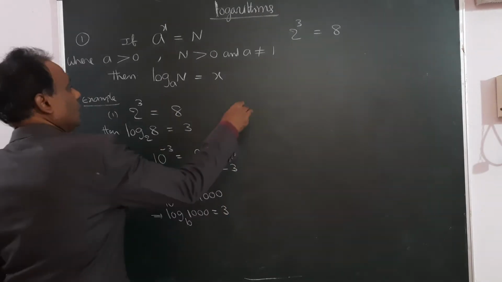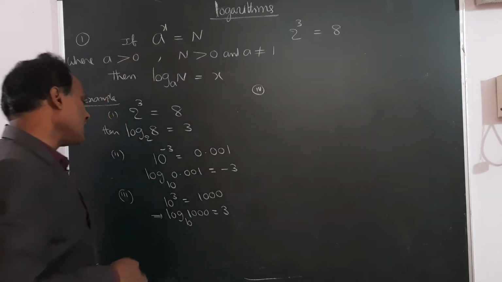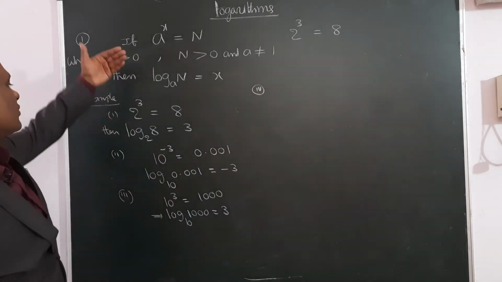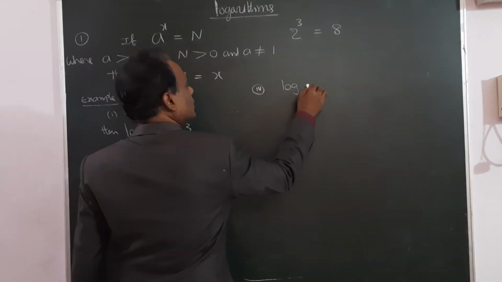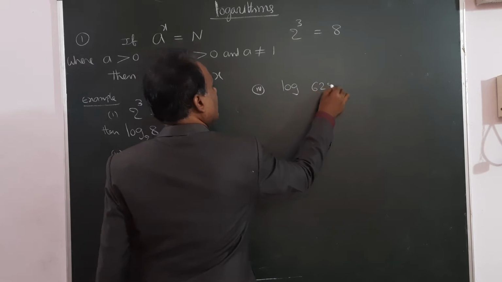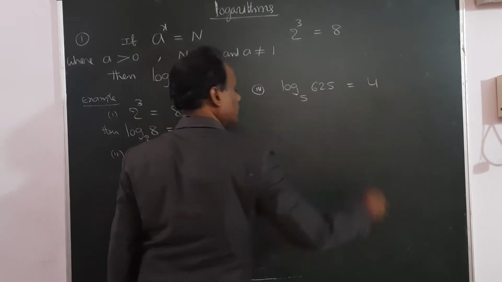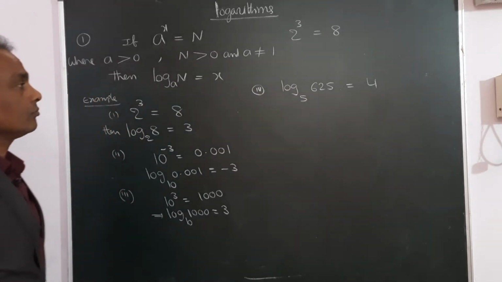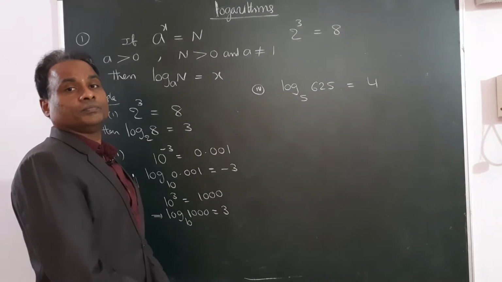Next, if logarithmic form is given, then change into exponential form, the reverse process. Suppose log 625 to base 5 is equal to 4. Remove the logarithm, write in the exponential form.